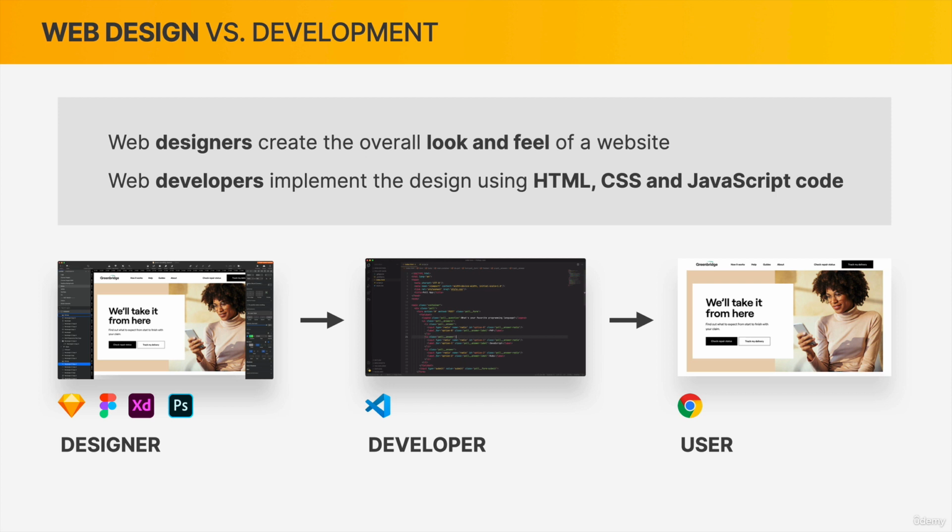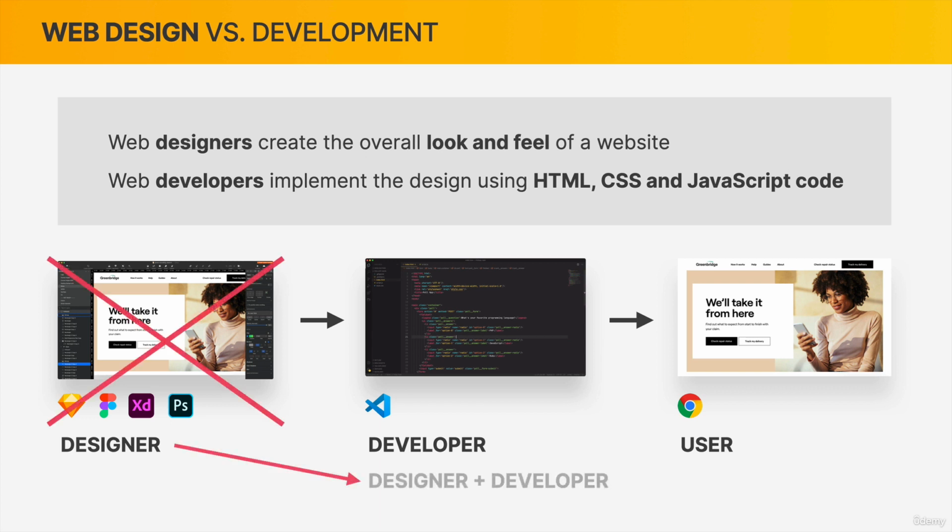However, nowadays there are also many designers who code and many developers who design. And so the goal of this section is to transform you into a developer who also designs, so that basically you can become a designer and a developer who can write and build and design websites only using code.